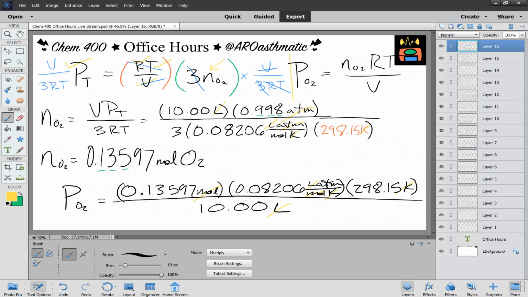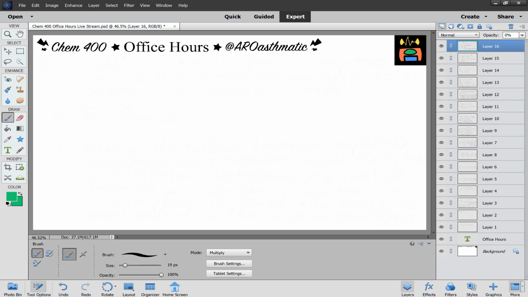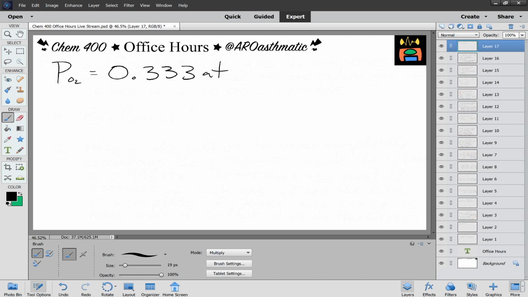All right, and remembering that we only have 3 sig figs in our value for moles, we get a final answer of our partial pressure of O2 is 0.0333 atmospheres. All right, now that is a Herculean effort.